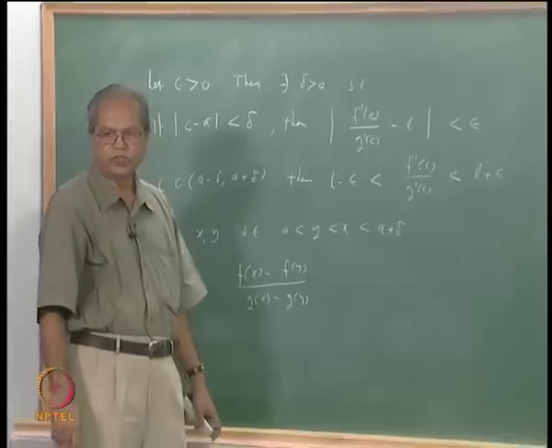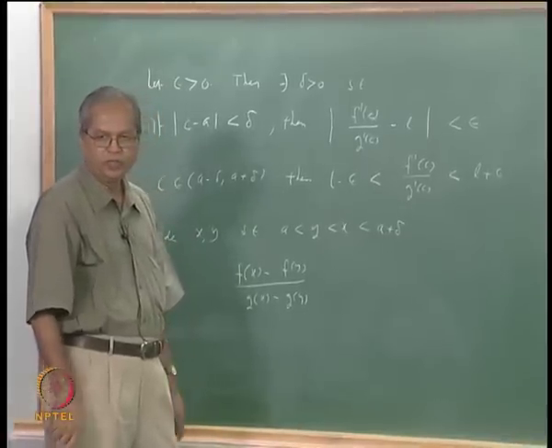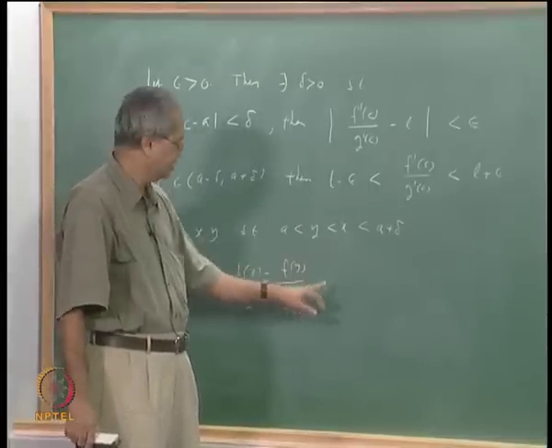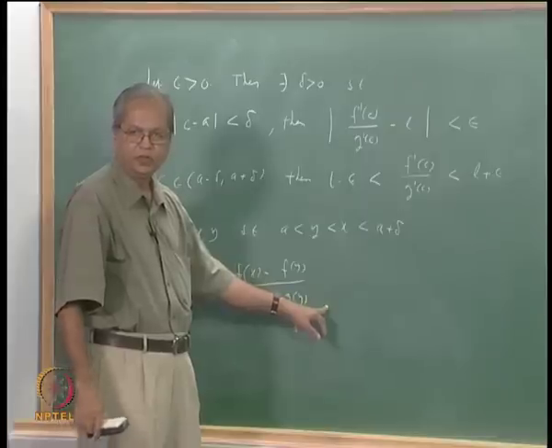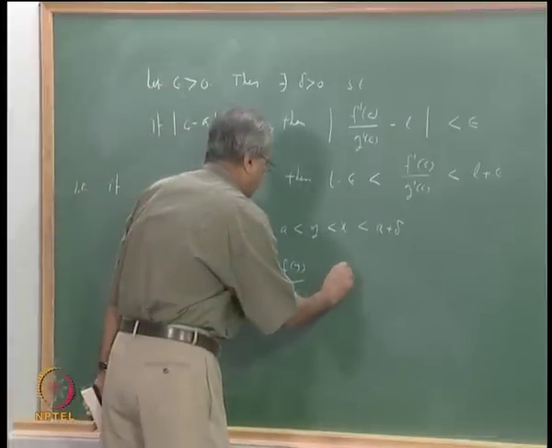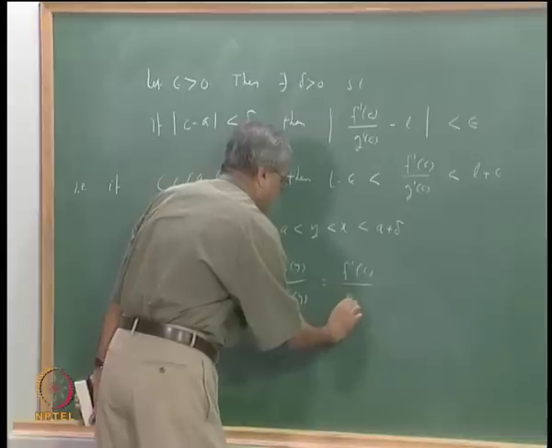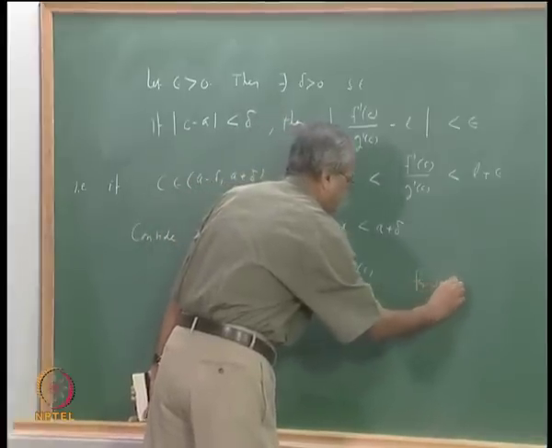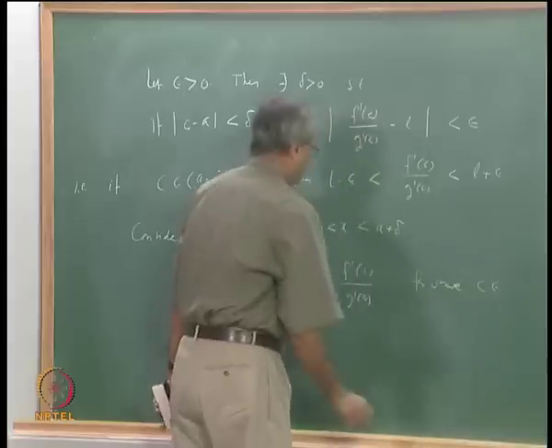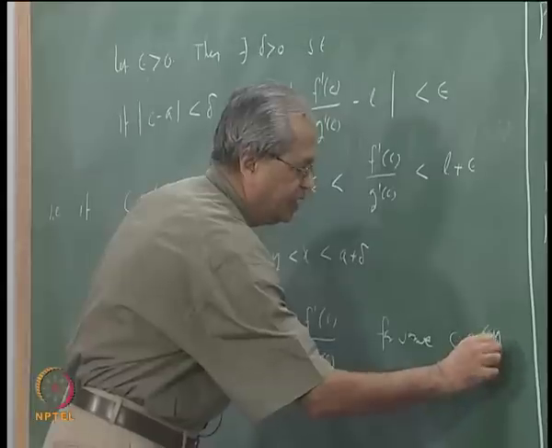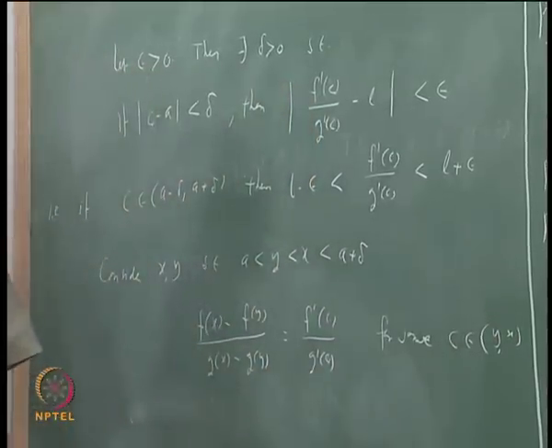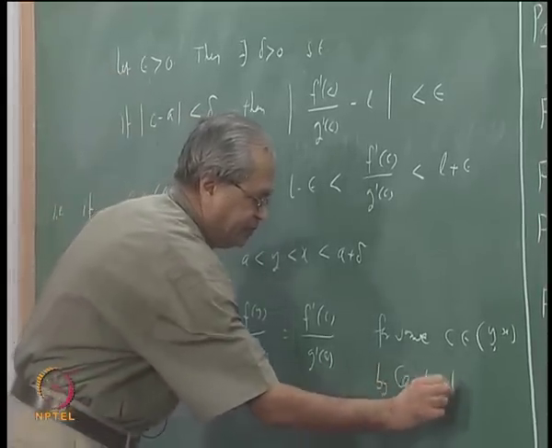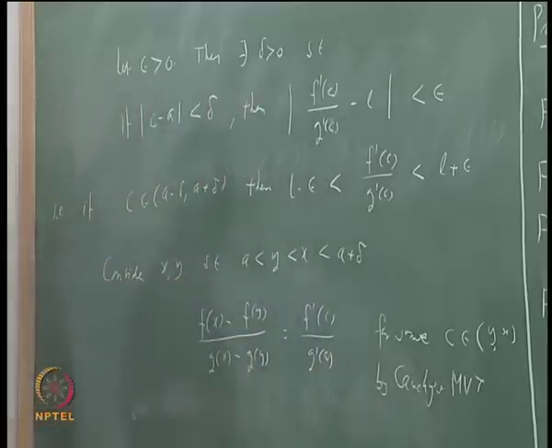So by Cauchy's mean value theorem there exists some c lying between y and x such that this is same as f prime c by g prime c, for some c in the interval, for the time being let me simply say the interval y to x, and this is by Cauchy's mean value theorem, right.